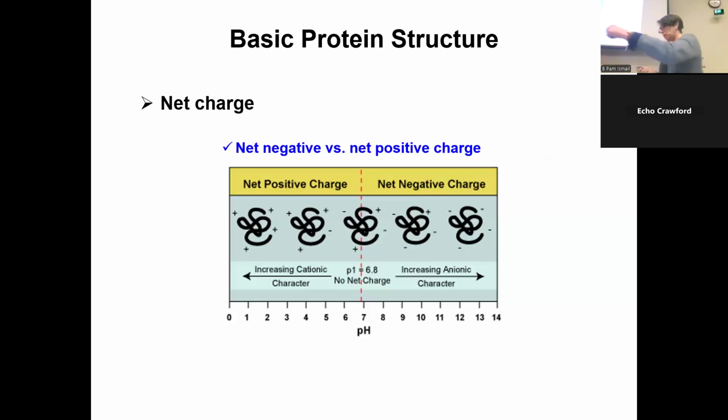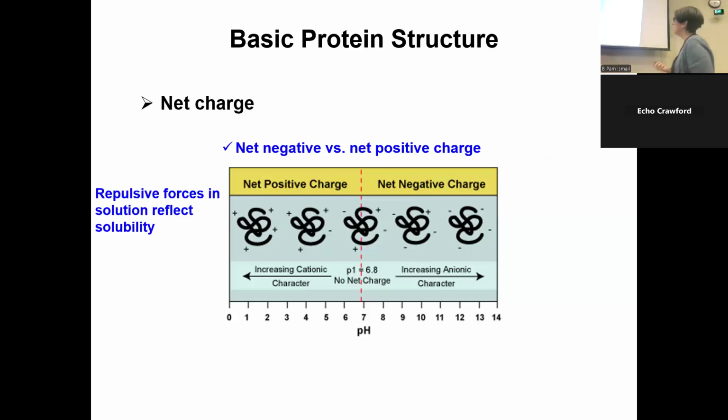As you titrate with an acid, your carboxyl groups start picking up hydrogen, so you lose negative charge, so that your net charge will be positive. As you titrate with a base, your amine groups start giving up their protons, and then your positive charge decreases, and you end up with a negative charge. That's the theory behind changes in pH.